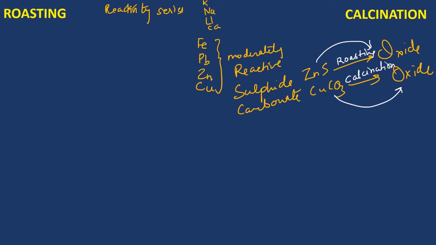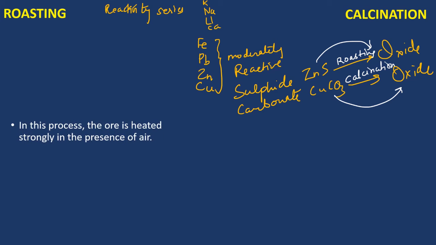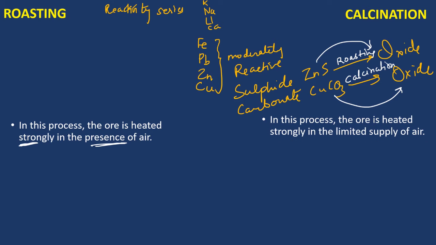Now let us start point-wise differentiation between roasting and calcination. In roasting, the ore is heated strongly in the presence of air, and in case of calcination, the ore is heated strongly in a limited supply of air.